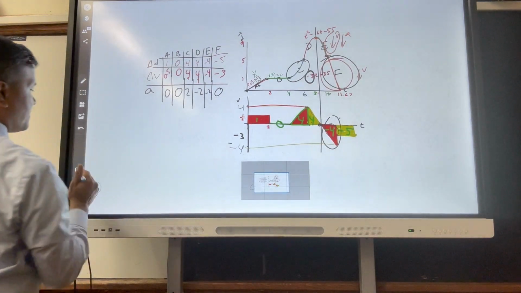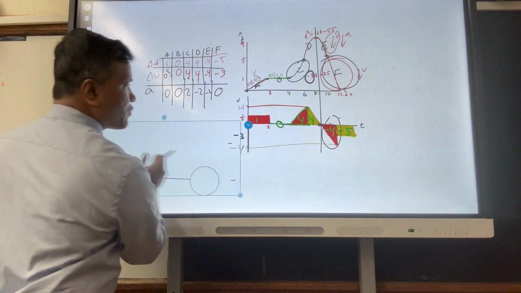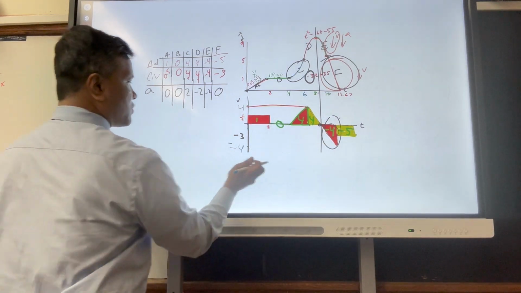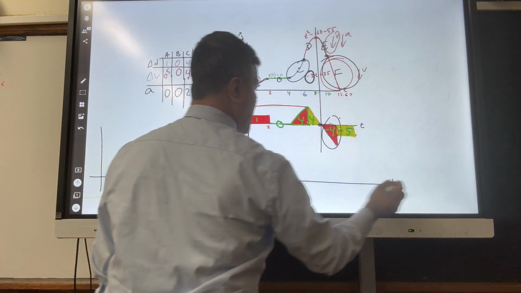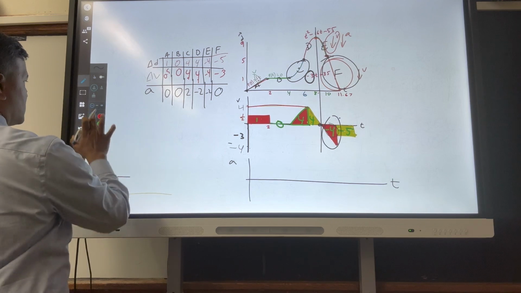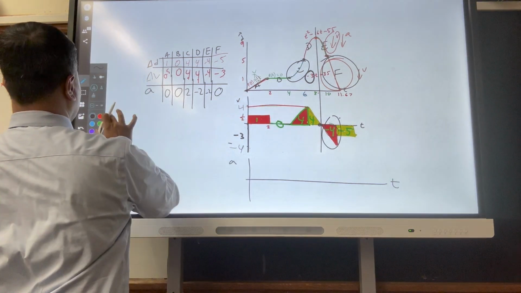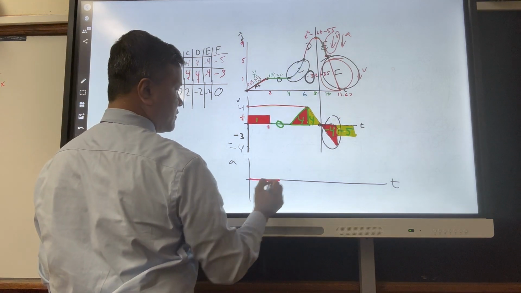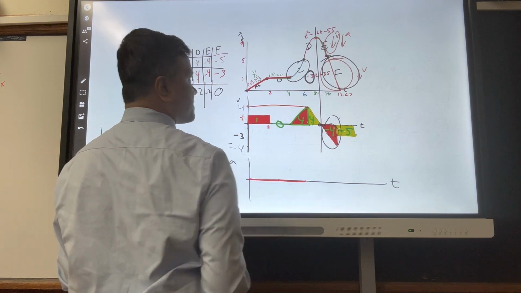Okay, so let's see whether our answer does actually make sense. Before we do that, we have to convert this to an AT graph. First 2 seconds, acceleration is 0. Next 2 seconds, acceleration is also 0.